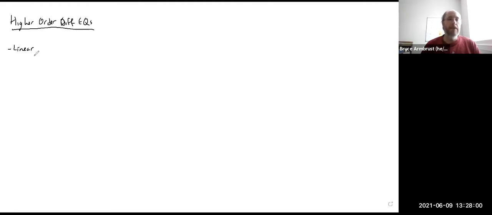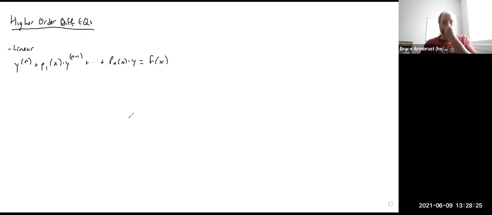And for linear higher order, these are going to be the ones that can be written in this form, where we'll have the nth derivative plus some function times the n minus 1th derivative plus a whole bunch of things here. And then finally a p_n of x times y, and that's going to equal f of x.